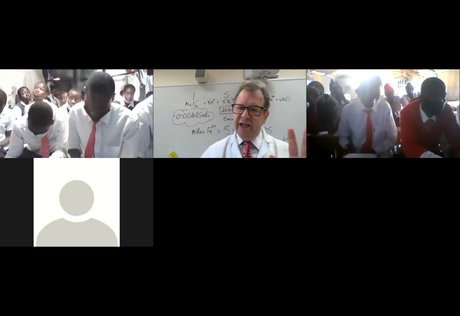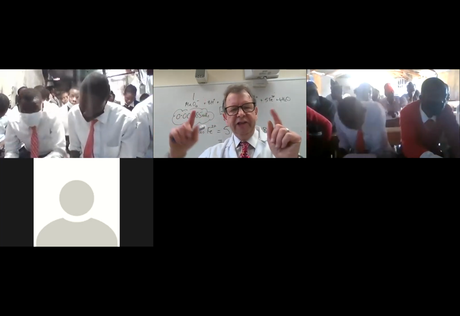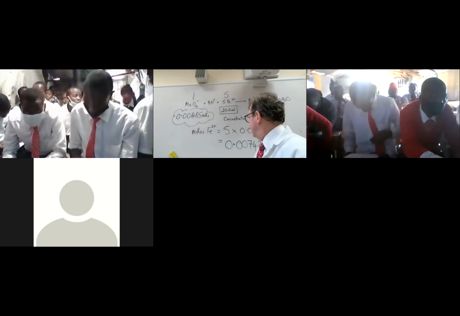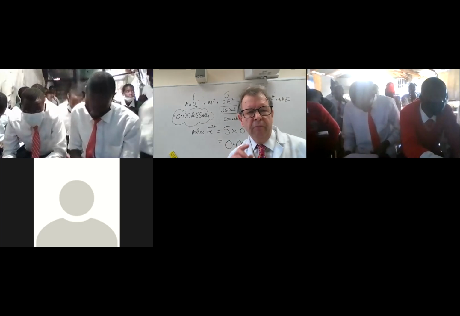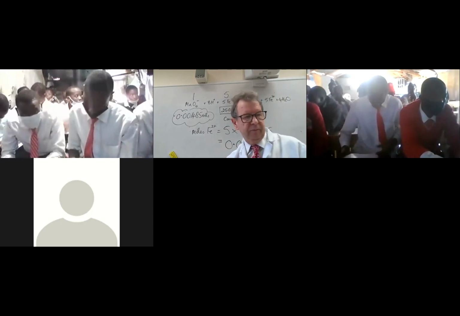Okay, so first stage, moles of permanganate. Second stage, look at the equation, 1 to 5 multiplied by 5. So now I know the moles of the iron, and now it says find the concentration.